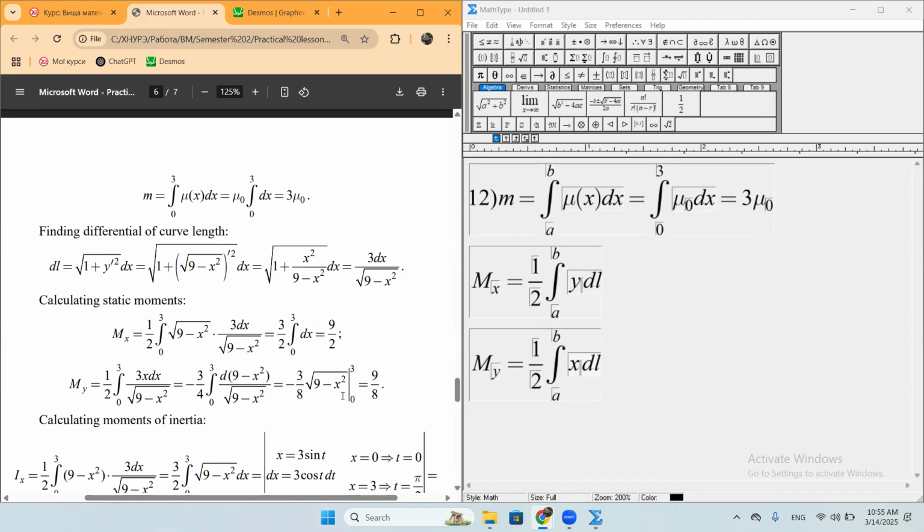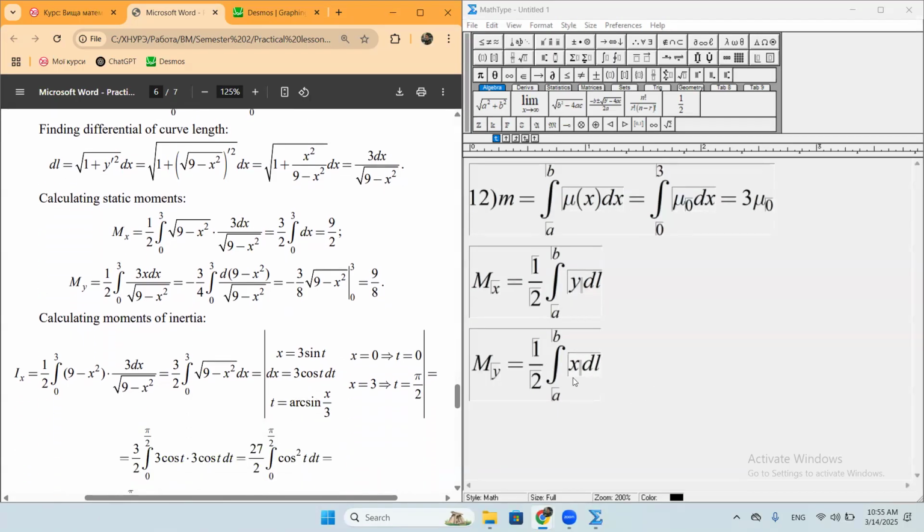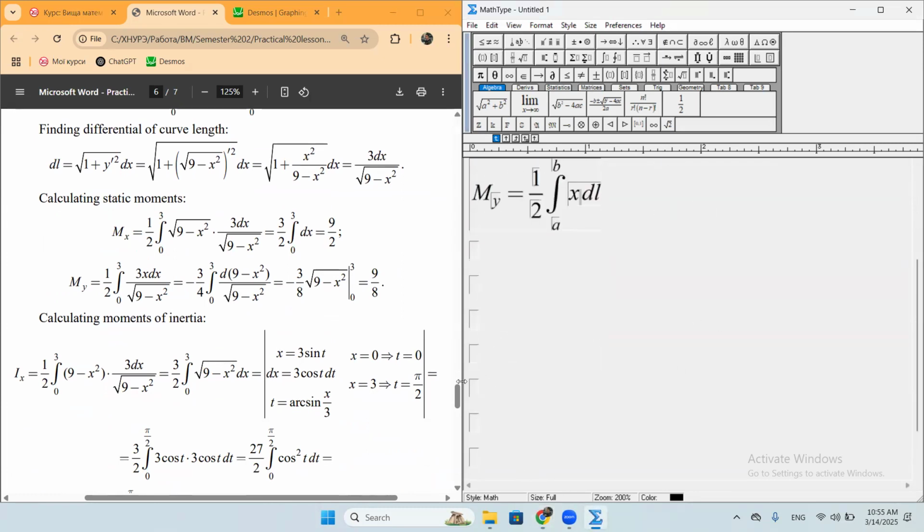Then, calculating moment of inertia. So the following formulas. If we calculate with respect to the x-axis, we have the following integral, from a to b, 1/3. And by the way, we don't have to multiply by 1/2 here. It is a mistake.